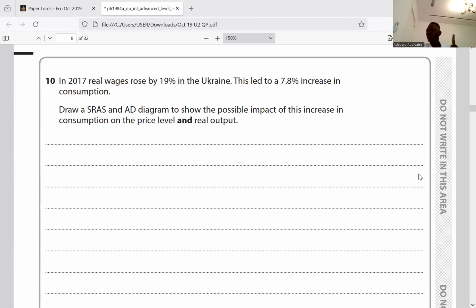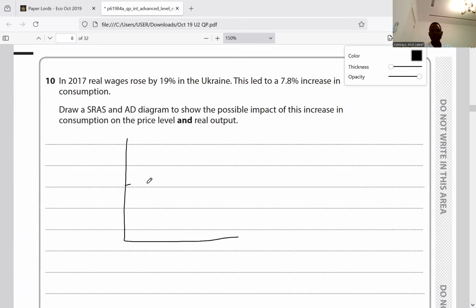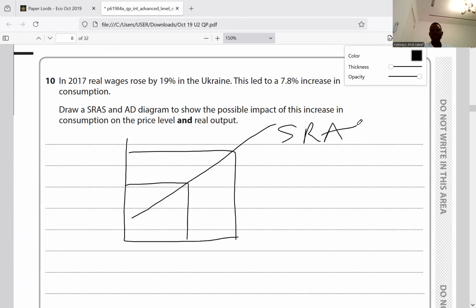What will happen to the price level? It's going to rise. Why? Because demand has increased, and if demand increases, it reflects on price. So the graphical representation is this. The SRAS, the short-run aggregate supply.